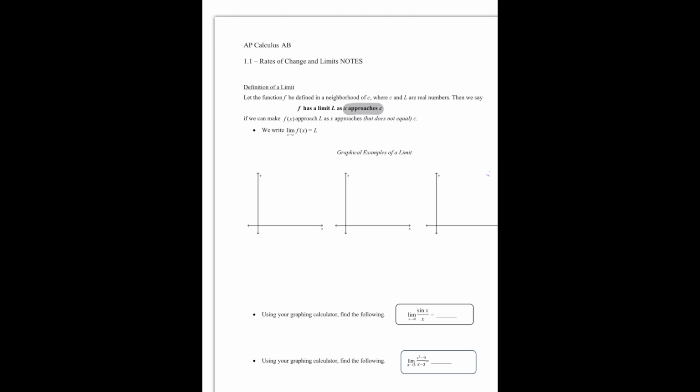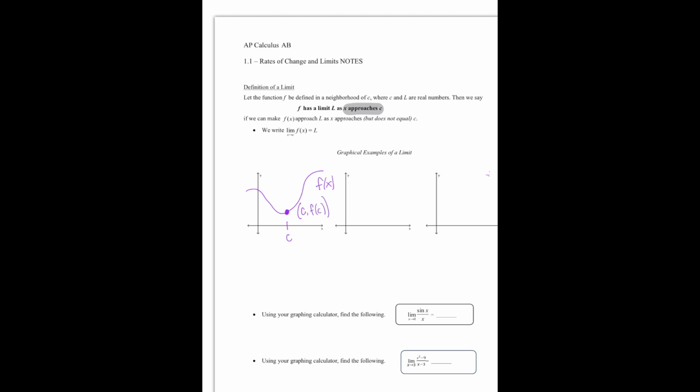Okay, so on the first graph, I'm just going to draw some random function. I'm going to call this f of x. It's a function. And I'm going to pick some random spot on the x-axis. I'm going to call that c, which then means this dot, which is on the function, evaluated at c, this ordered pair would be c, f of c.